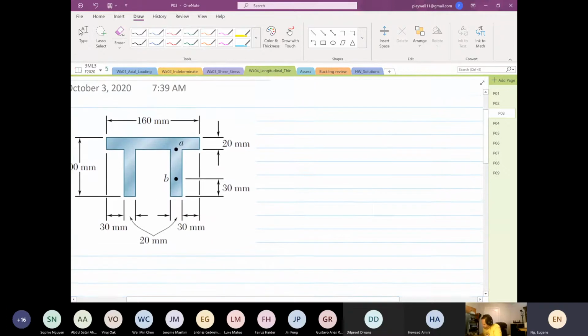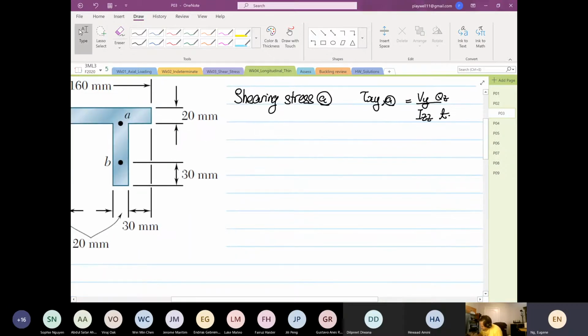We're going to find the shearing stress at point A. The shearing stress at point A, and then we know that we are going to identify shear XY at point A. This is equal to Vy Qz divided by Izz T. So we know the easiest thing to do is write down what we know.